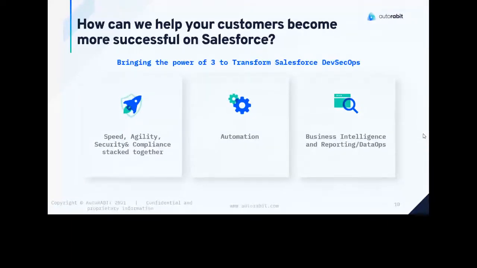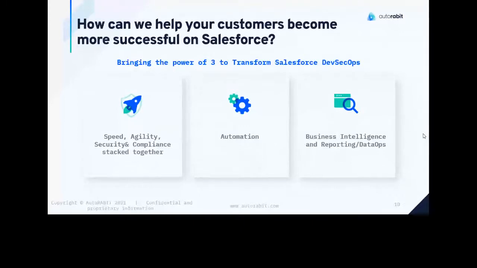The first one is speed, agility, security, and compliance stacked together, right? So that your speed is not affected, and at the same time there is security and compliance with the faster pace of release management going on in the team. Second one is automation, or RPA, in the backend to automate a lot of activities, increase efficiency and productivity, and help the developers become faster and more efficient in the process.